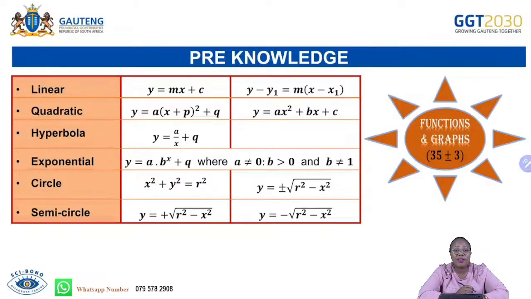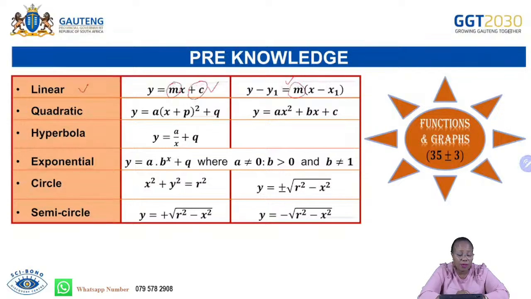The prescribed graph for you technical mathematicians is the linear graph, which is your straight line graph, with the original equation y equals mx plus c, where m indicates your gradient and c indicates your y-intercept value, or alternatively you can use y minus y1 equals m into x minus x1. Still this m stands for your gradient or the slope of your line.